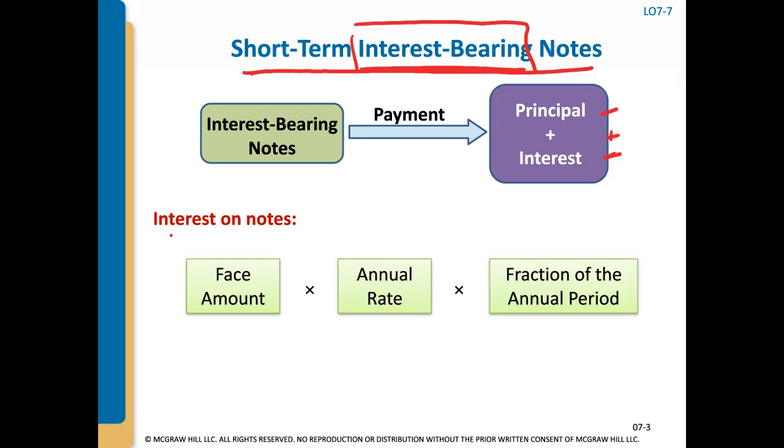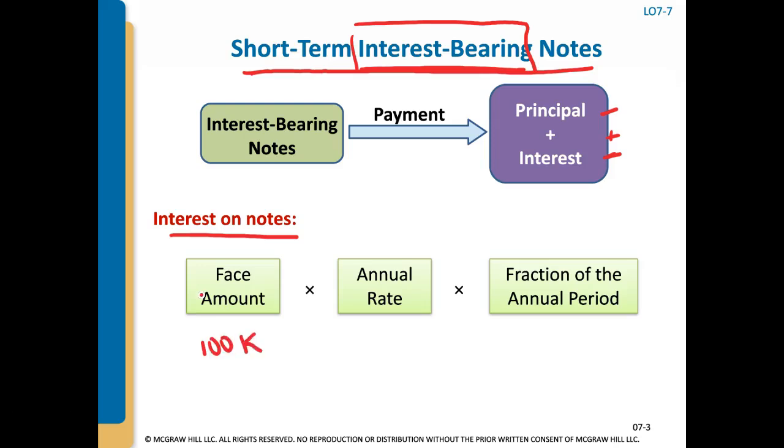The principal is the face amount, which is what the receivable is going to be booked at. So let's take an example: I am a company and I am going to lend my customer $100,000 because they are unable to pay today.